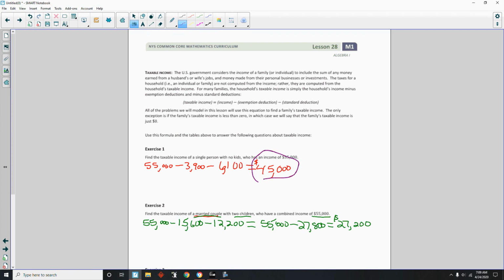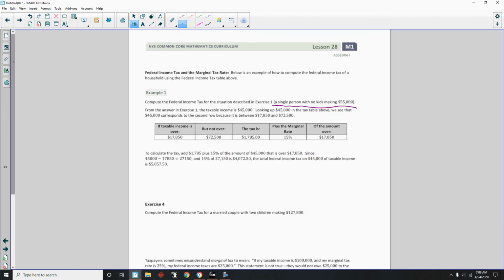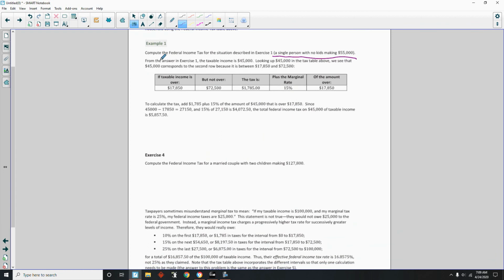So their taxable income is $45,000. From the answer in exercise 1, the taxable income is $45,000. Looking up $45,000 in the tax table above, we see that $45,000 corresponds to the second row because it's between $17,850 and $72,500.